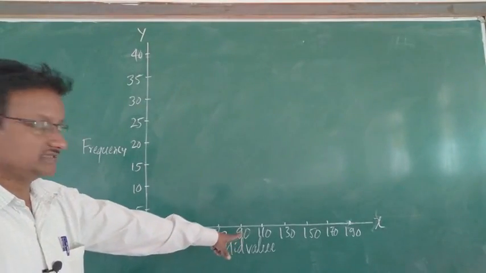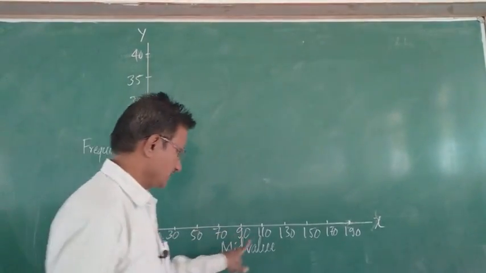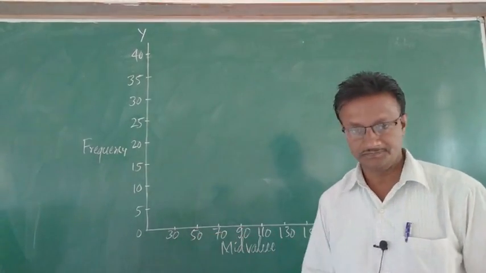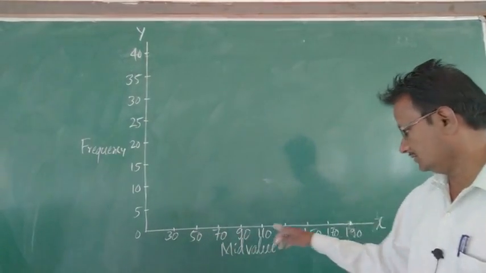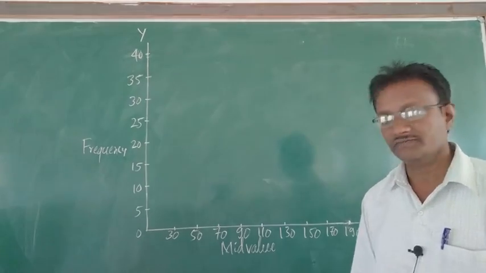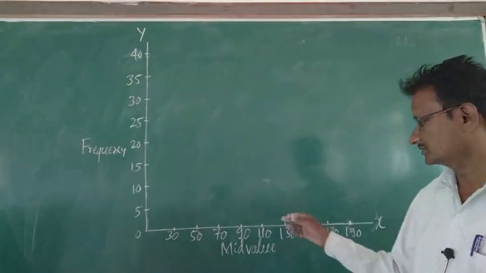Mid values are taken along the x axis, and the proper scale here is 1 centimeter is equal to 20, because the difference between any two values is 20.